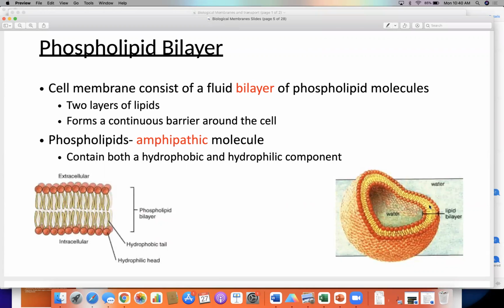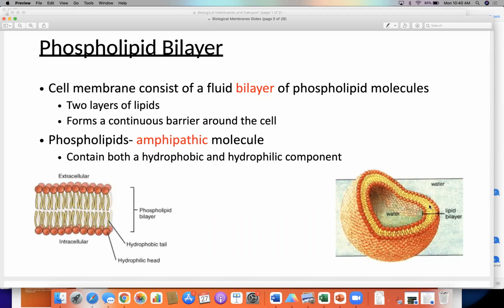So let's look real quick. We have a few more moments. Let's take a look here at the structure of this membrane. I've used the term phospholipid bilayer. Go ahead and jot that down real quick if you haven't done so before. The cell membrane consists of a fluid bilayer structure of phospholipids. When we say bilayer, that prefix bi means two.